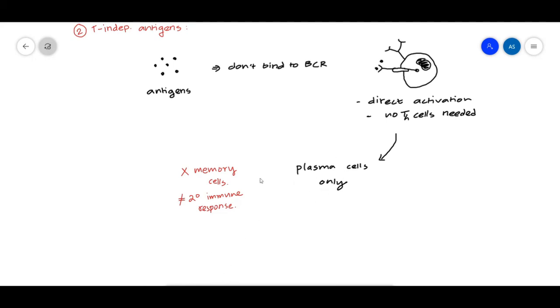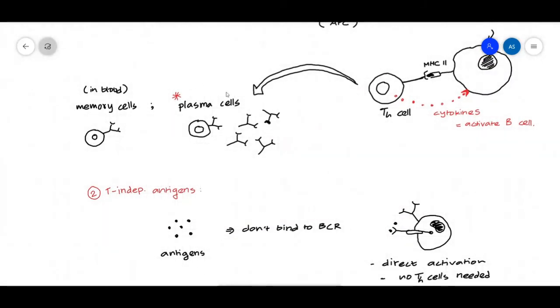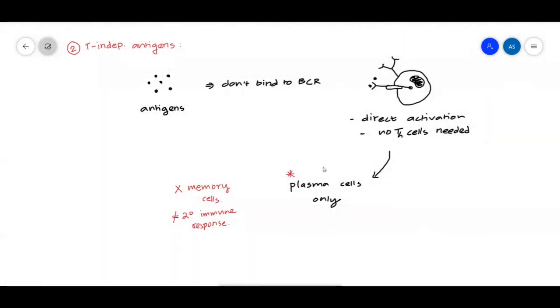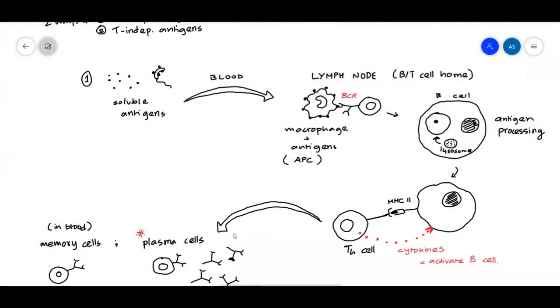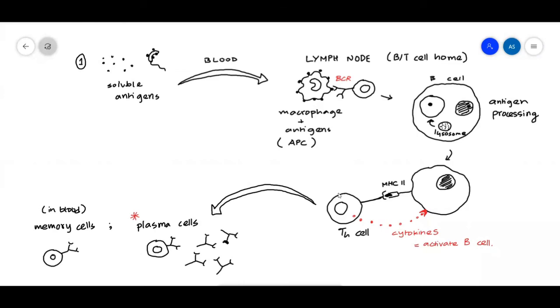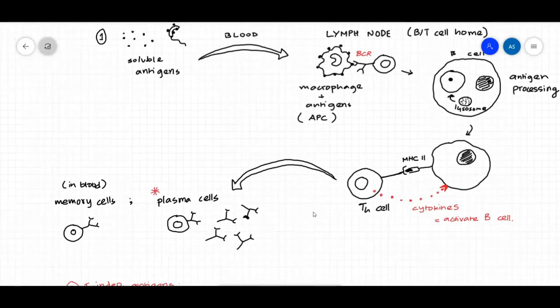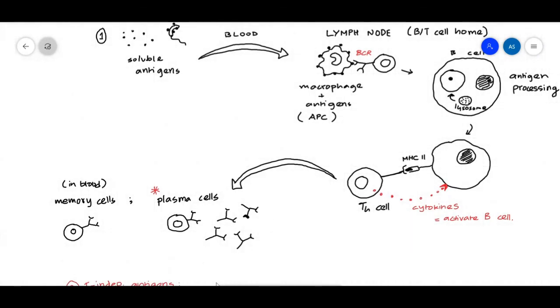Now I'm going to talk about the plasma cell differences, which I mentioned, right? I said that there was something special about these plasma cells compared to the plasma cells produced by T-independent antigen activation of B cells. And the difference is the plasma cells which are going to be produced with the help of the helper cells are going to be long-lived.